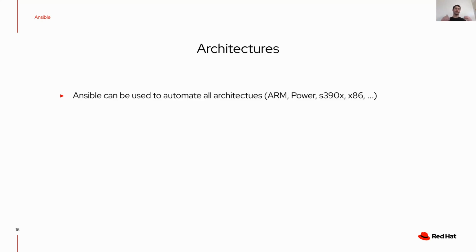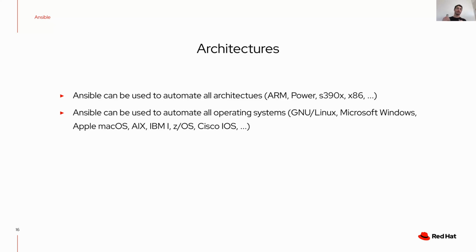So effectively, if you have, for instance, an ARM server or an S390 server, they can be automated with Ansible. So all operations on those can be automated with Ansible. And more specifically, if we are talking about operating systems, I would say the huge majority of operating systems are automatable with Ansible. But also, there is the controller part of Ansible, which is Ansible Automation Platform, which is the Red Hat version of this.